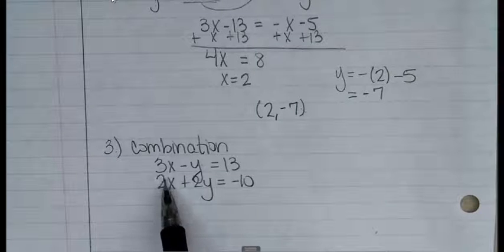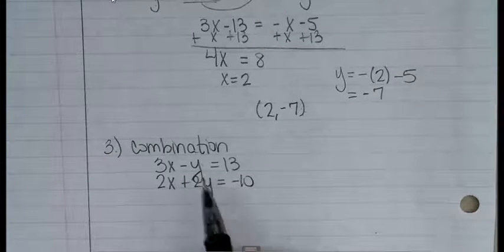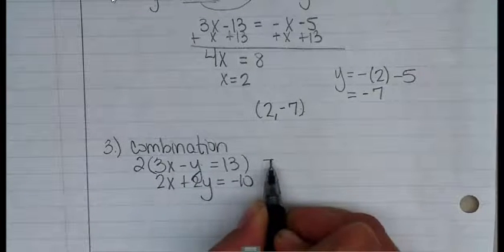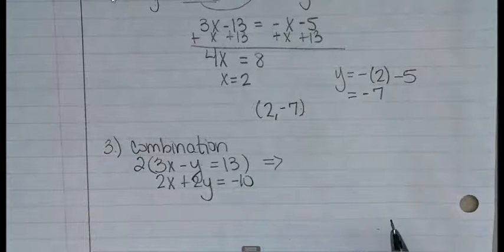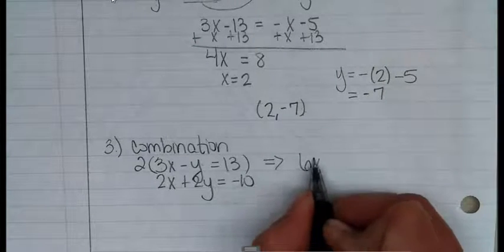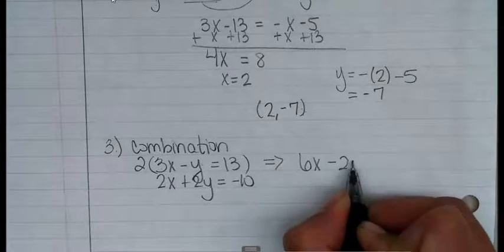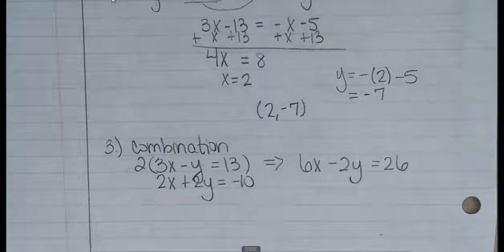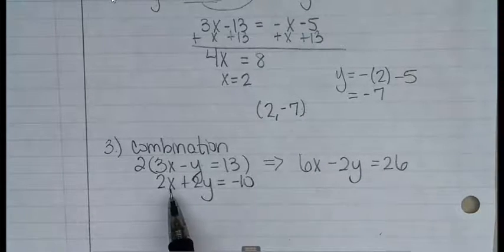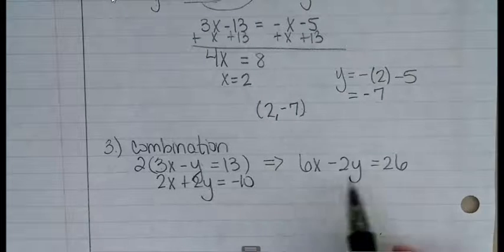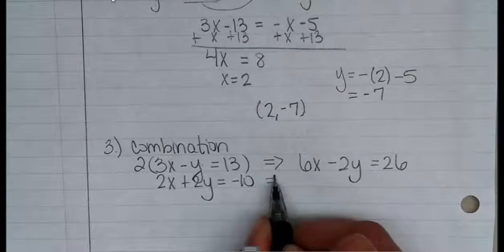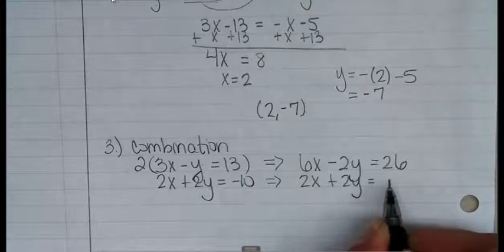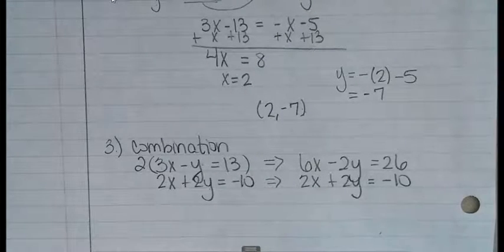But instead of multiplying both equations by something, I'm just going to go ahead and multiply the top one by 2. So my new equation then becomes 6x minus 2y equals 26. Then from there, this bottom equation can stay exactly the same. So I'm just going to rewrite it. 2x plus 2y equals negative 10.